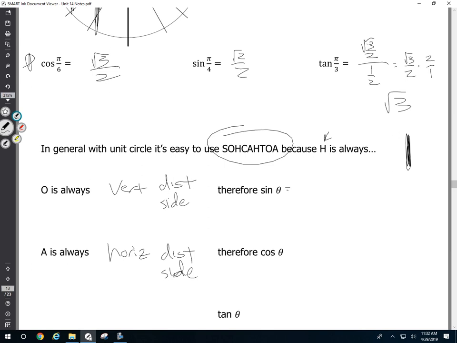Therefore, sine, which is always opposite over hypotenuse, will always be the vertical distance over 1, or the vertical distance. We'll call it the y distance.